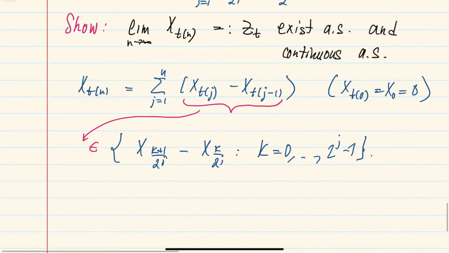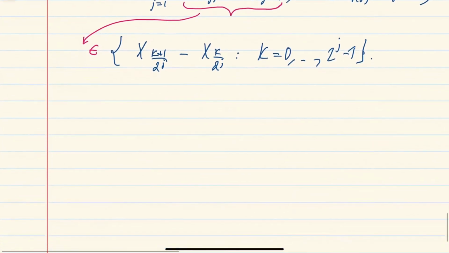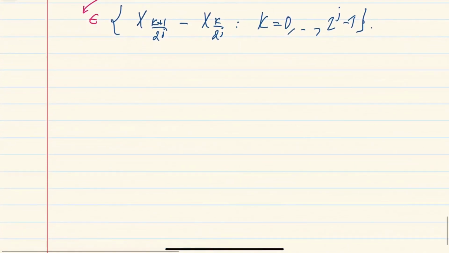And the point is that by the lemma that we mentioned above, and by the fact that these increments are Gaussian and their variance is 1 over 2^j, so it gets small very fast with j, we get a very nice control that will imply the convergence and continuity of that series.